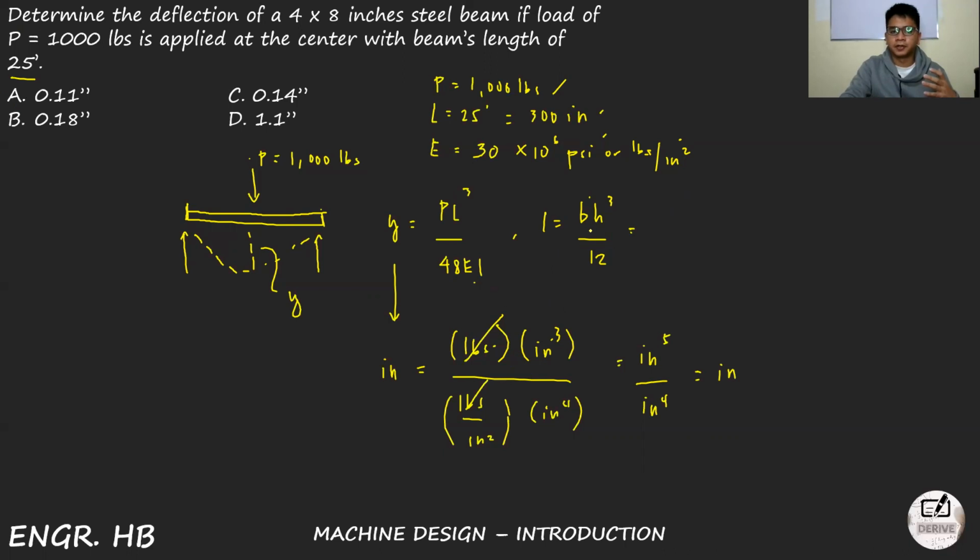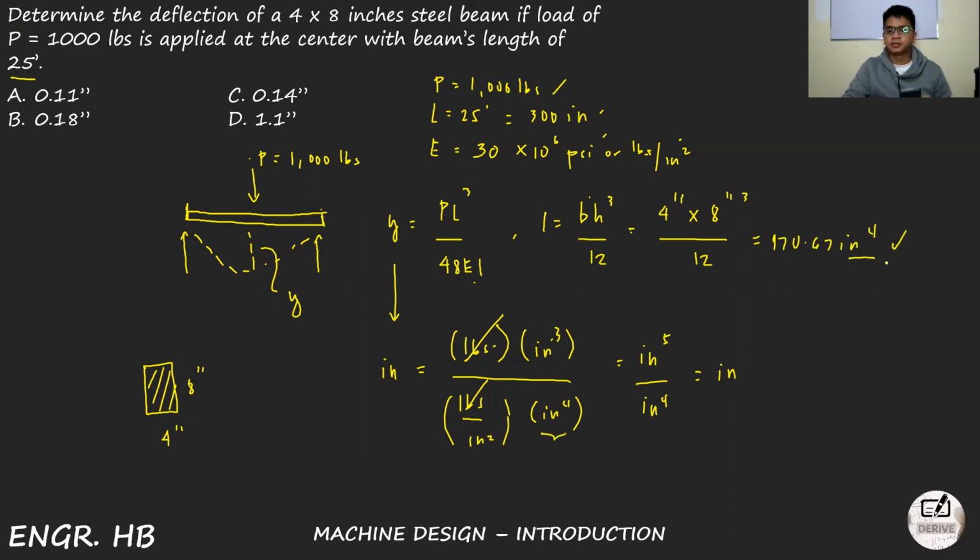So we have a 4 by 8 beam, in inches. That will become 4 times 8 cubed divided by 12, which is 170.67 inches raised to 4. So everything is correct.